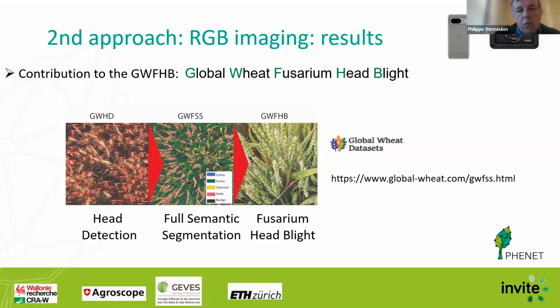And what we will provide with the library of RGB Fusarium head blight images is a new module with such images in order to develop new models for the detection of Fusarium.